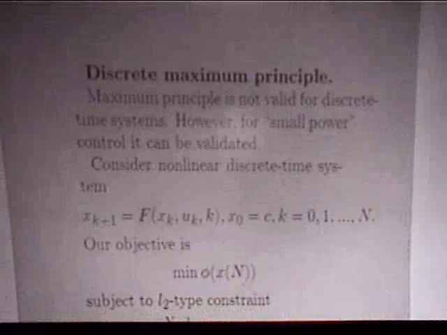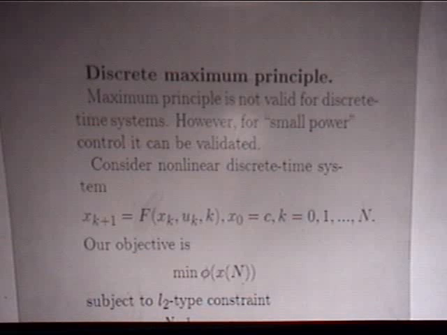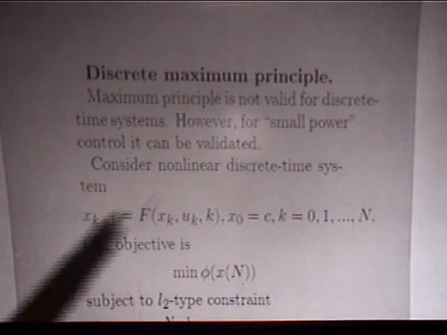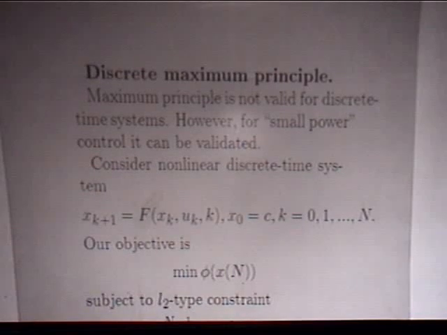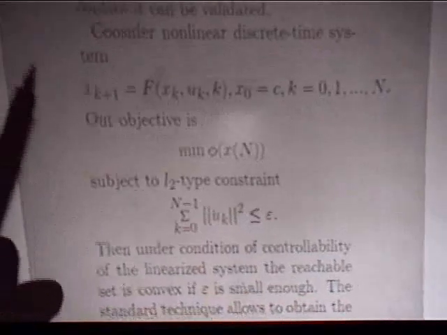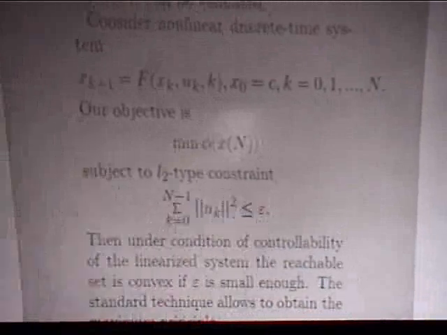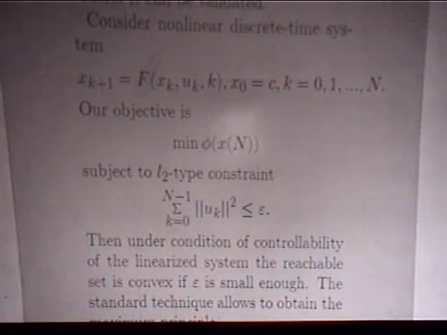And to conclude about control, we can also treat the discrete time version of the problem, when we have not a differential equation but difference equations, and we also have the constraint for control of this form.